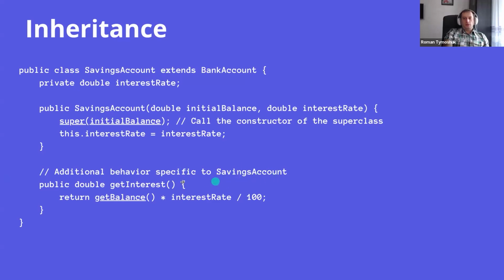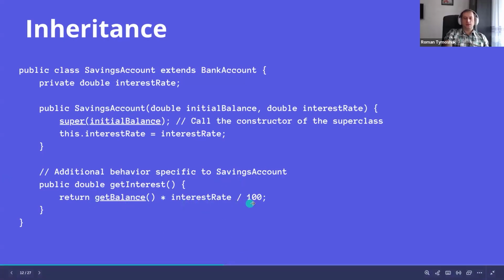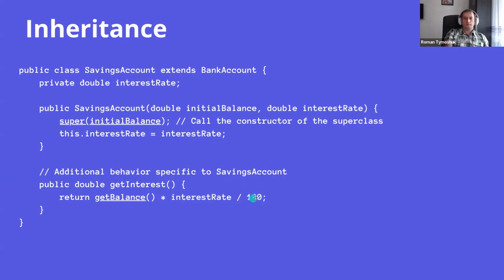We are getting the interest based on your bank account details. So the formula is simple. We are getting the balance, recalculating the interest rate as a percentage, and getting additional information on how much more money you've earned.